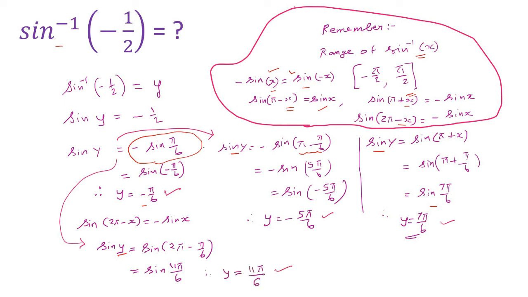So you see we got several values for sine inverse of minus half: minus pi by 6, minus 5 pi by 6, 7 pi by 6, 11 pi by 6, etc. But which value do we have to consider? Out of these, you see minus pi by 6 is within the range of minus pi by 2 to plus pi by 2, the closed interval.